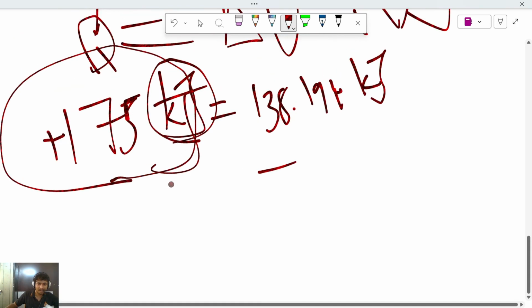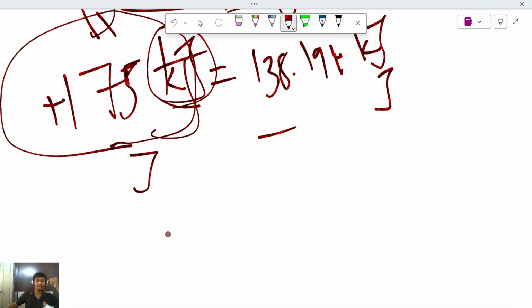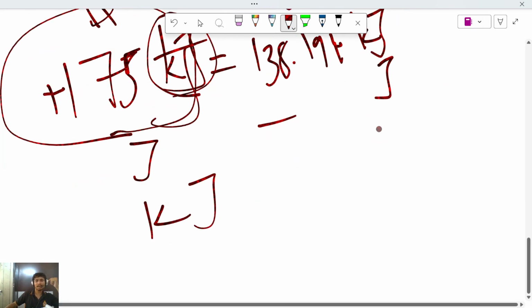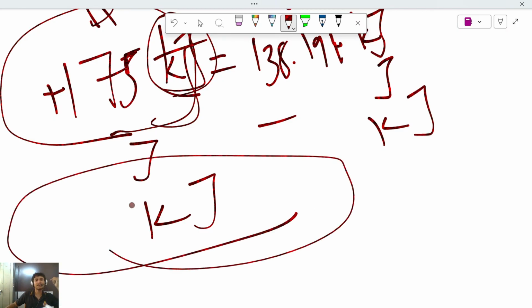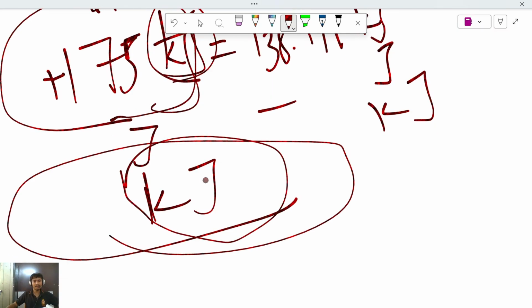So we must use joule and joule, or kilojoule and kilojoule. But the best method is to use kilojoule, because in thermodynamics we mostly give the final answer in kilojoule, because it is big energy.